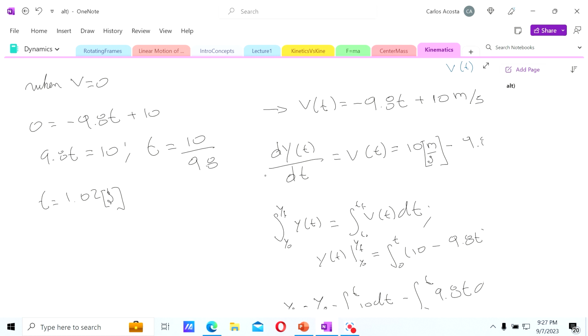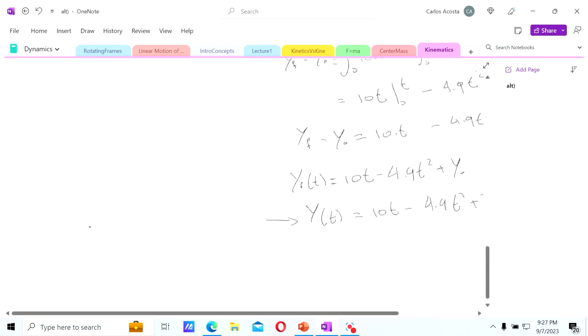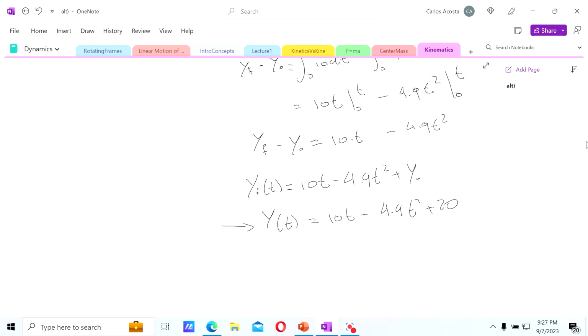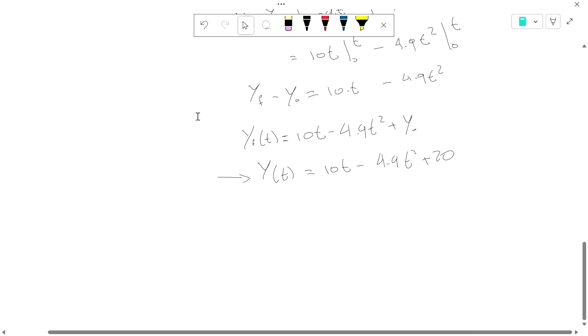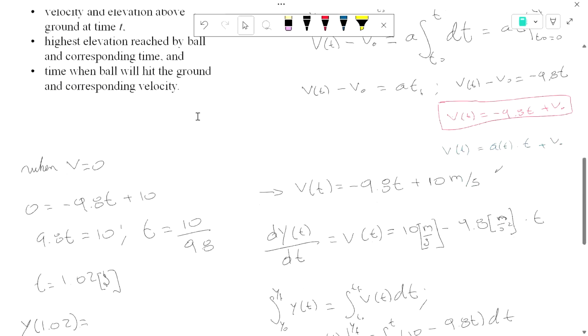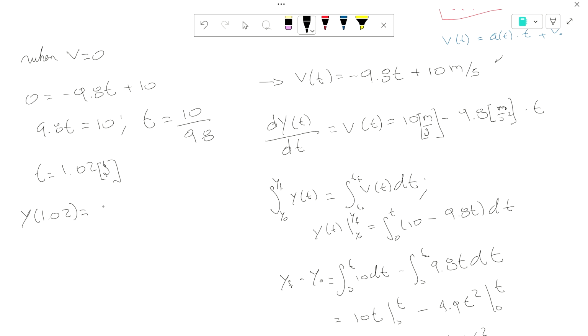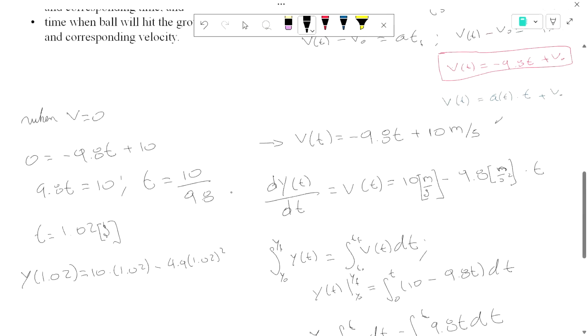Now, what we need to do is evaluate what is the maximum height at that time. It's equal to, so now we use equation 2, 10 times the time. So this is equal to 10 times 1.02 minus 4.9 times 1.02 squared plus 20.